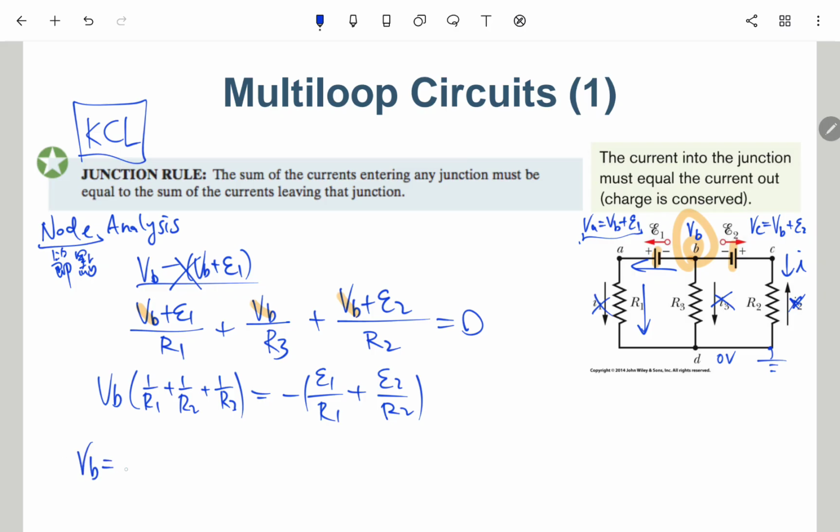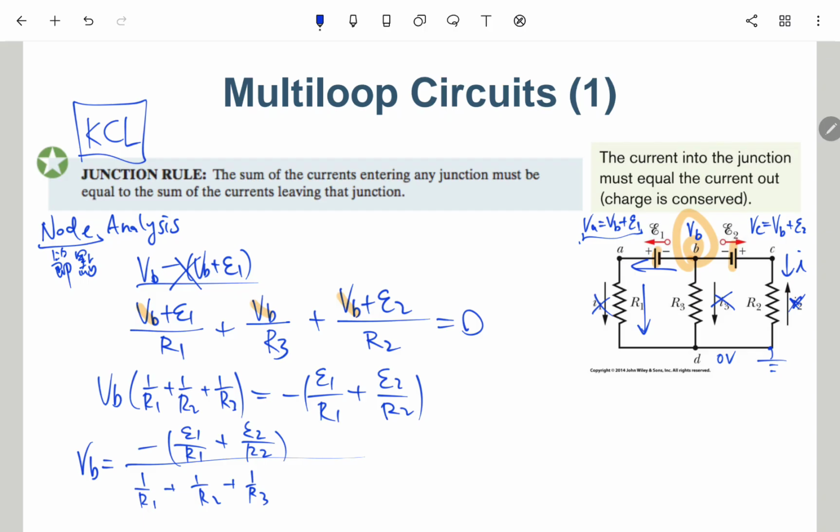So VB turns out to be negative E1 over R1 plus E2 over R2, all over 1 over R1 plus 1 over R2 plus 1 over R3. Then we just need to plug in all the numbers. In this example we don't have any numbers, so this is a general form. No matter what the values of E1, E2, R1, R2, or R3 are, this is a general solution for VB.